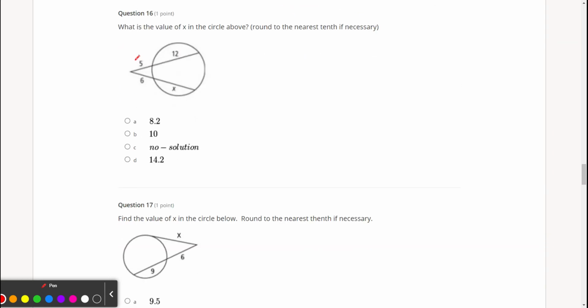For 16, you got an outside piece and an inside piece. So remember, you got to do the outside times the total, and the outside times the total. Okay, so we got to do 6 times 6 plus x.